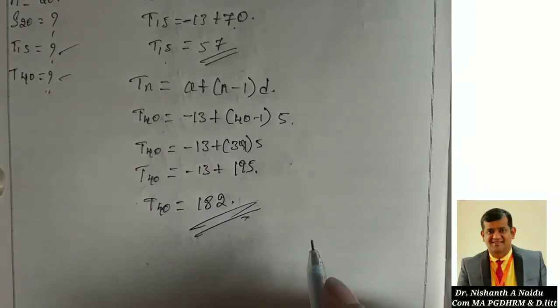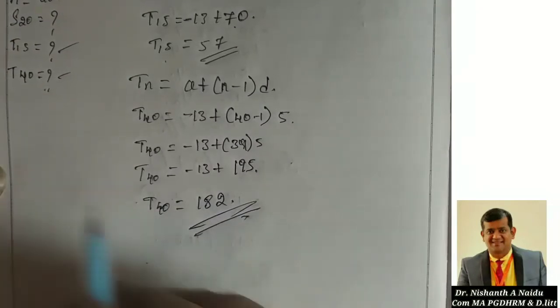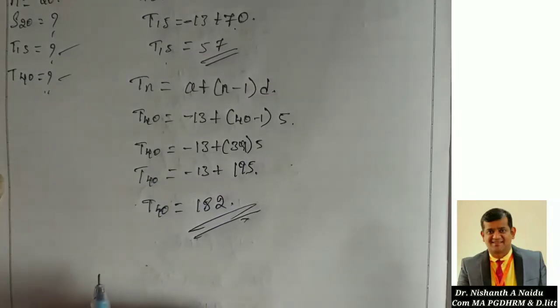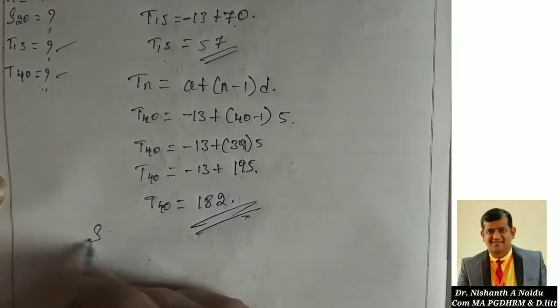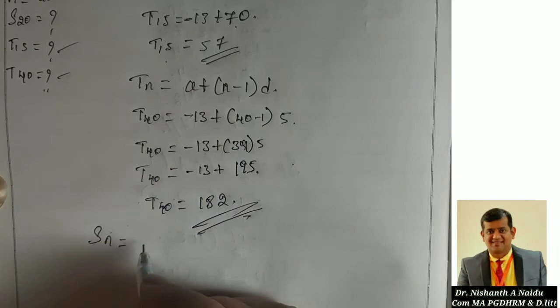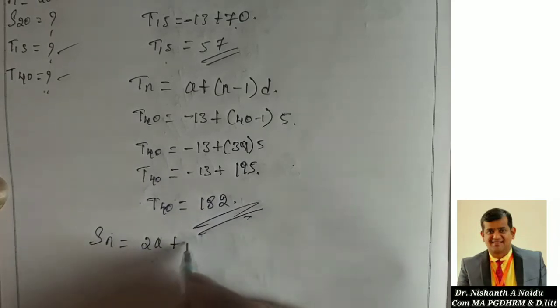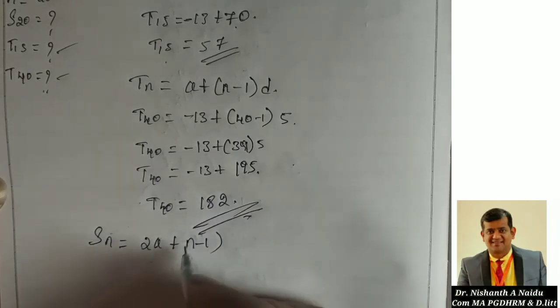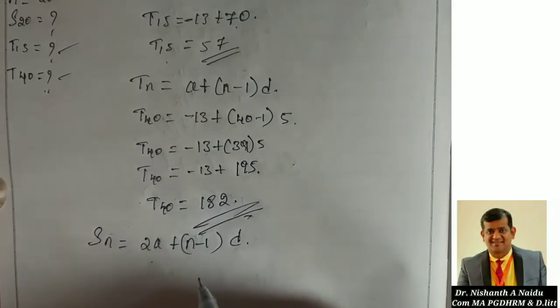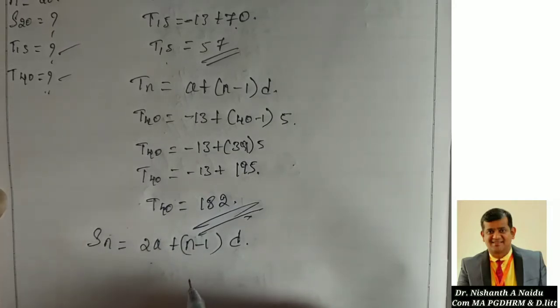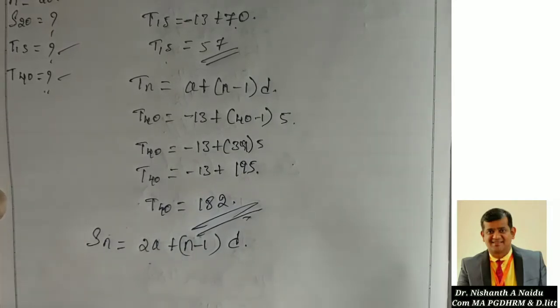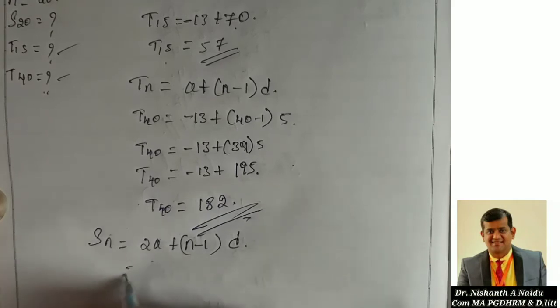Okay. So now the last one we have to identify, that is S20. For that, Sn equals n by 2 into 2a plus n minus 1 into d. Now let us implement the formula.